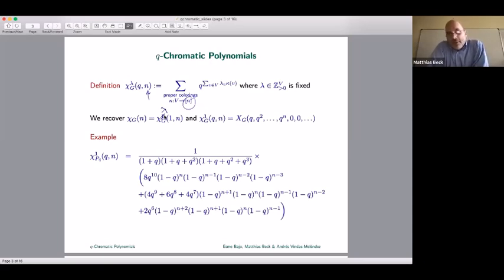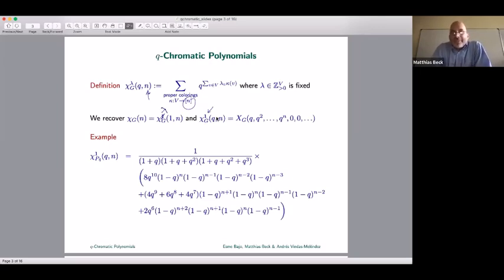This holds for any lambda, that doesn't matter. And maybe more interestingly, when you leave q a variable and make lambda the vector of all ones, which is what I mean by this boldface 1, you get the principal evaluation of the chromatic symmetric function, where you plug in q, q squared, and so on up to q to the n.